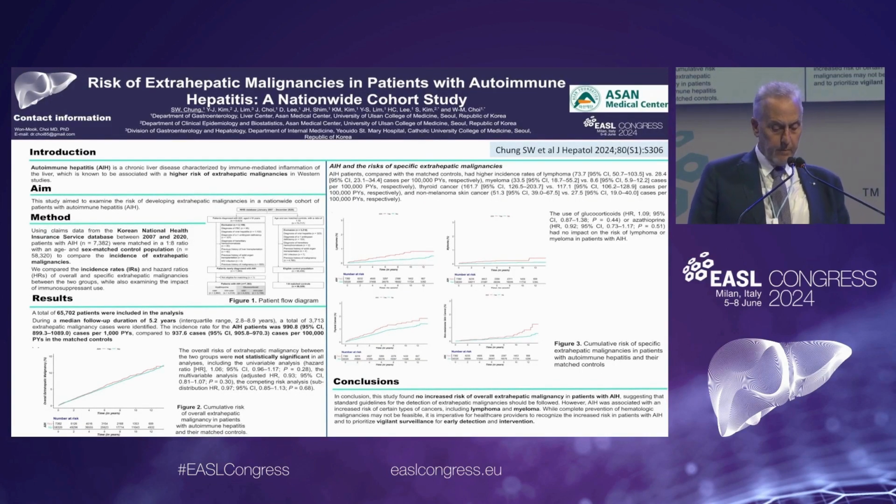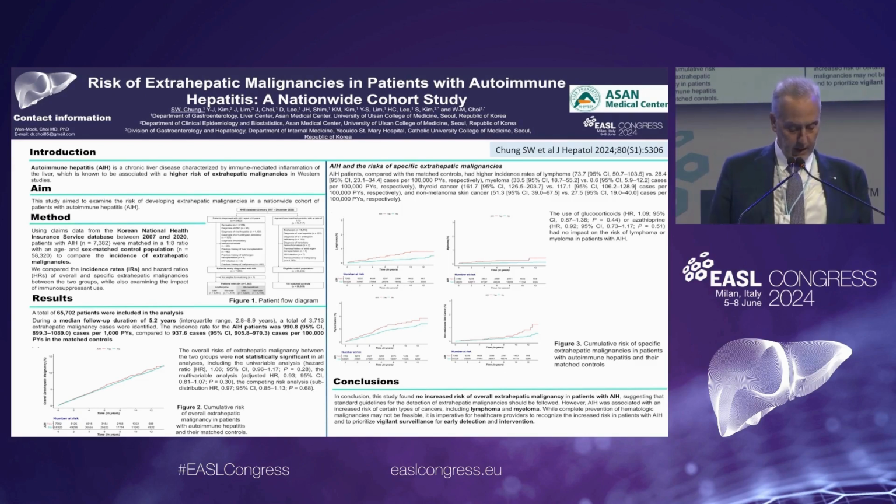Another interesting paper on outcomes of AIH regarding the risk of extrahepatic malignancies comes from South Korea with the analysis of a huge number of AIH patients. More than 7,300 patients were age and sex matched with a control population.